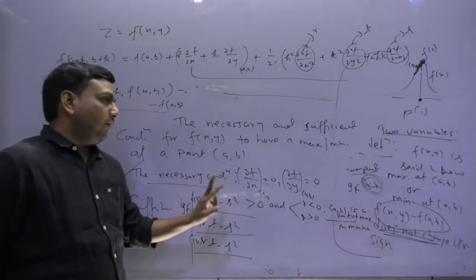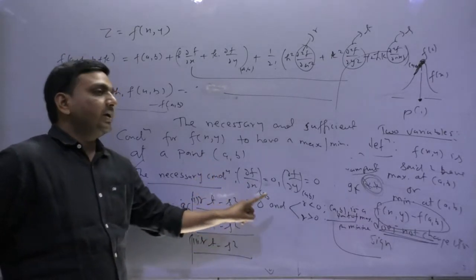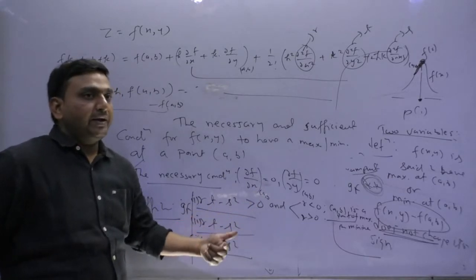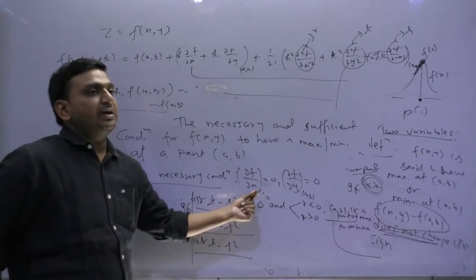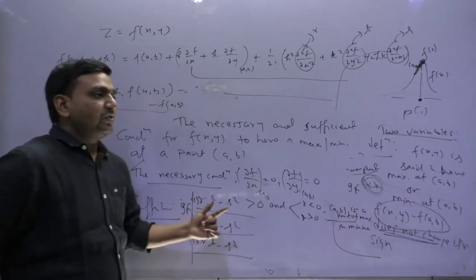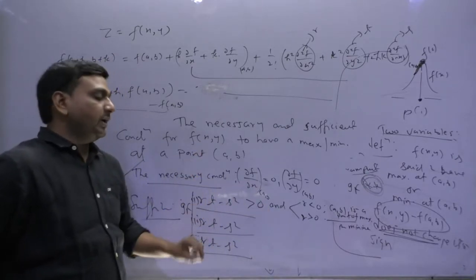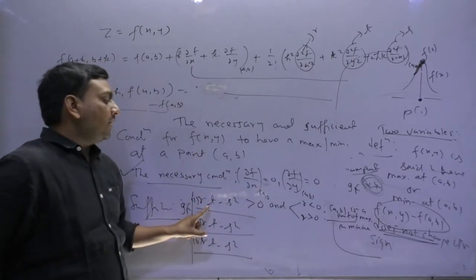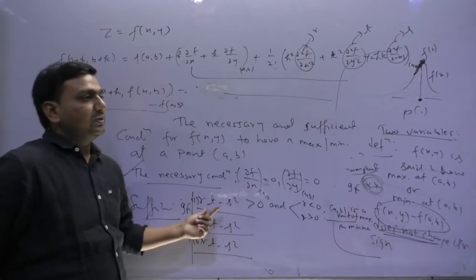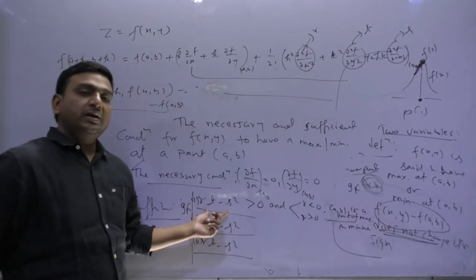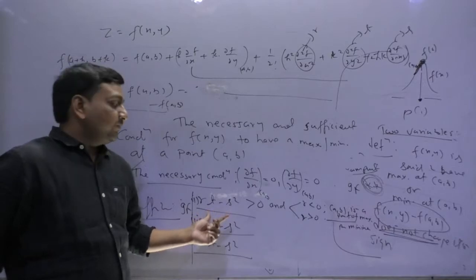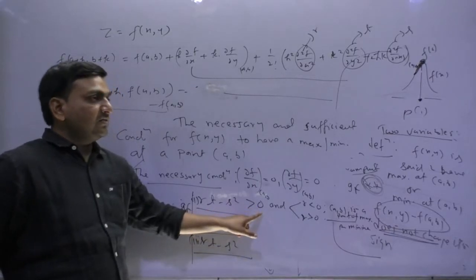So what is the first condition you need to remember, dear? First I will find the point a comma b. How will you find it? You will put first order derivatives equal to 0. Then at that point you will calculate r, t and s. Then find the expression rt minus s square. Check whether it is greater than 0.